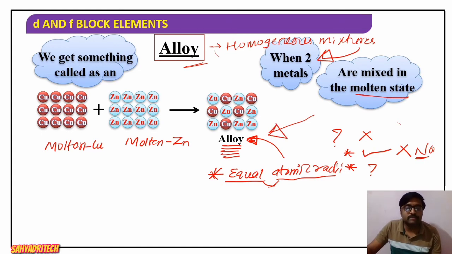What happens during preparation of alloys? Atoms of one metal are replaced by atoms of the other metal in the crystal lattice. If I consider either the copper crystal lattice or the zinc crystal lattice, copper atoms are replaced by zinc atoms and vice versa. So we end up with an alloy.